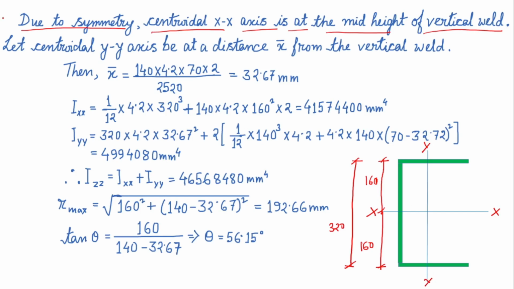Now let the centroidal yy axis be at a distance x bar from the vertical weld. So we have to calculate this x bar. That means x bar is the distance from the vertical weld to the centroidal yy axis.